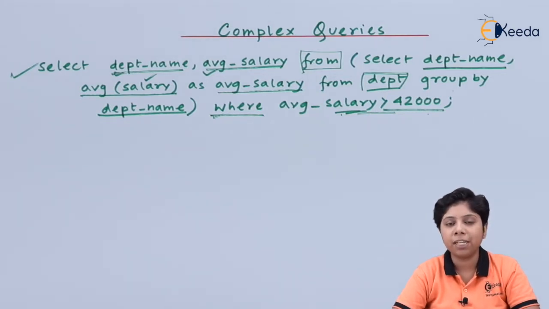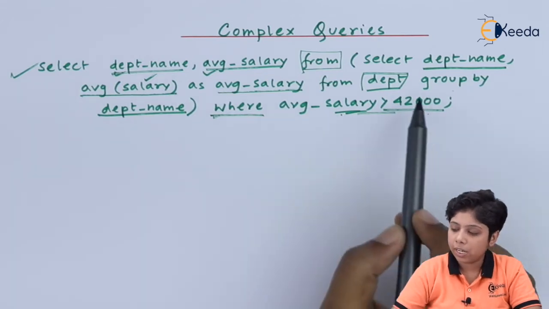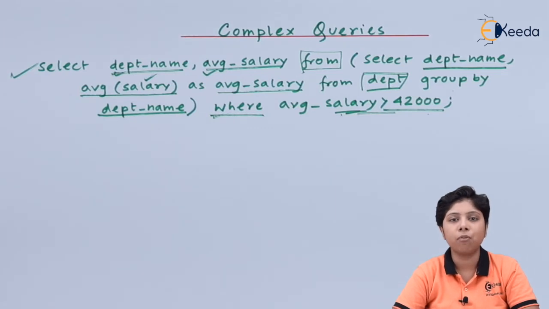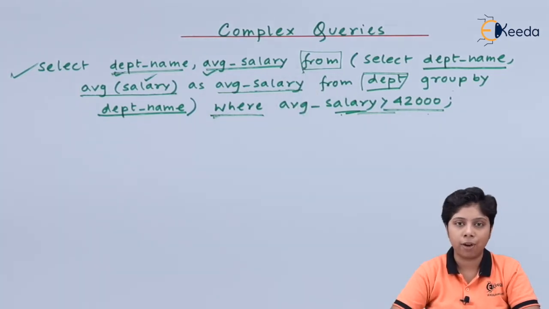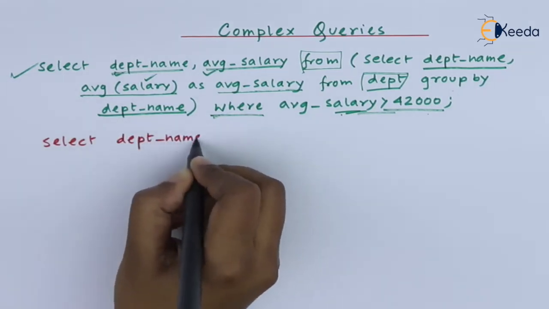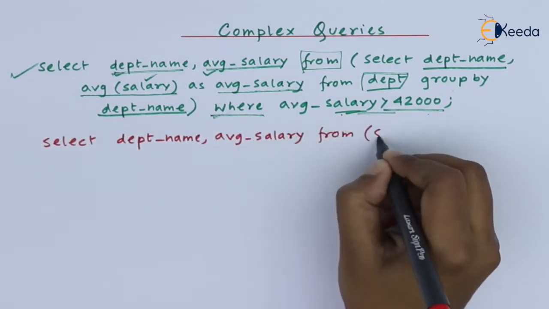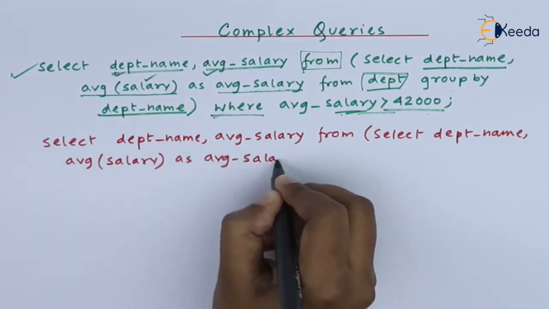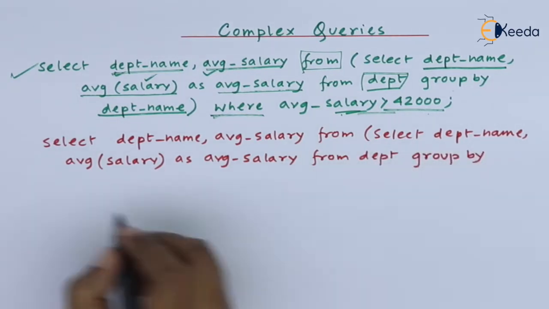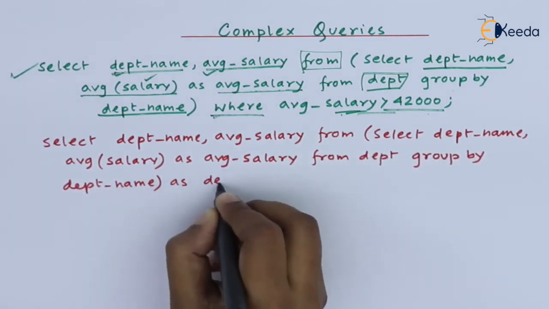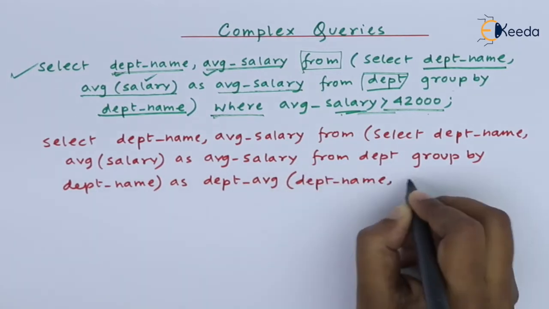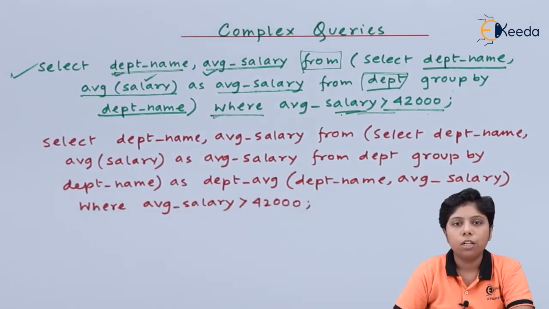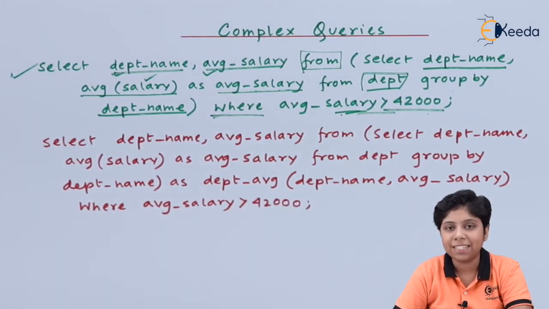Now we can do something interesting with it. We can rename this relation, with department name and average salary, and then use that relation as a reference in the outer query. Look for what changes I have made in the second query.